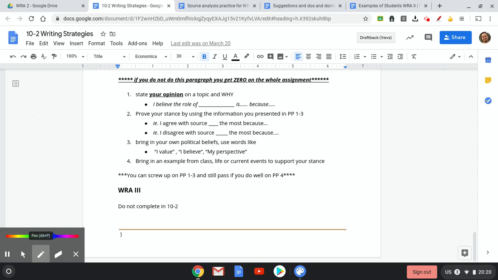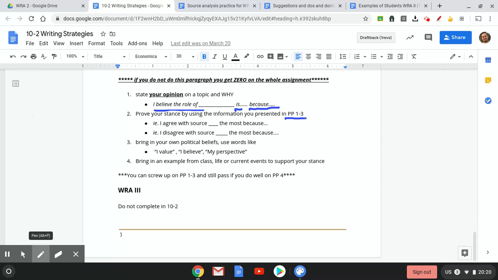Now, state your opinion on a topic and why. I believe the role of fill in the blank, so globalization, is and because. Now, one thing you do here is you're proving your stance by using the information you presented in the first 3 paragraphs. So those 3 paragraphs that you've written before writing the 4th, it has information you can use.